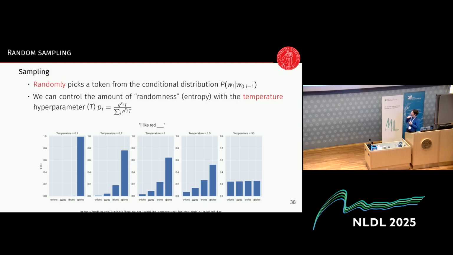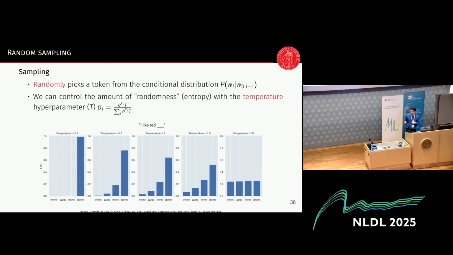We can actually have some control of how random or creative the outputs are by using a parameter called temperature. I will not go into the technical details, but basically when the temperature parameter is set to 0, the probability distribution over the words approaches the one-hot distribution, and this simplifies to simple greedy search, where we are just picking the most likely token.